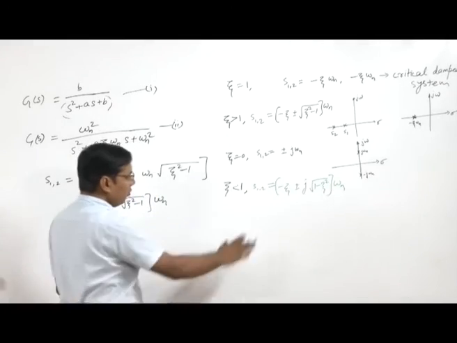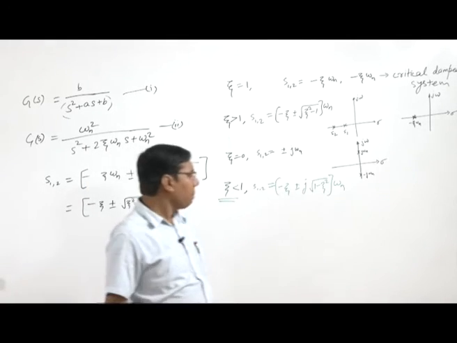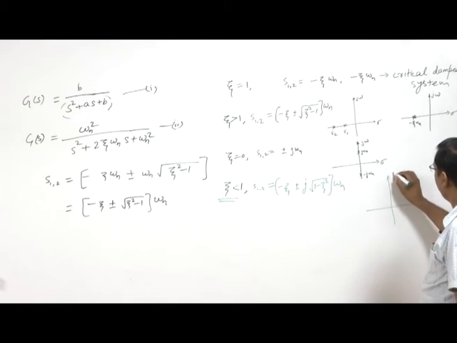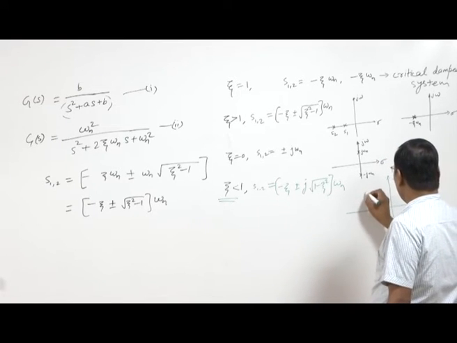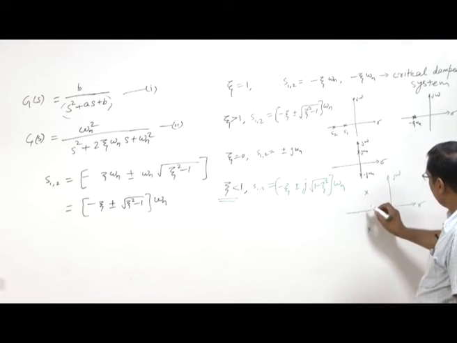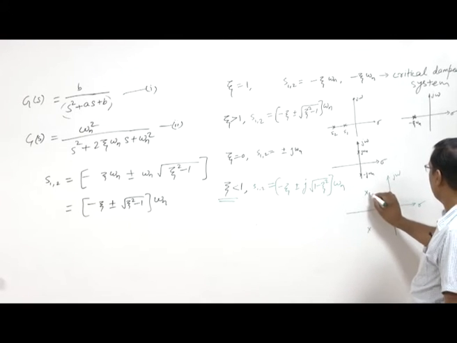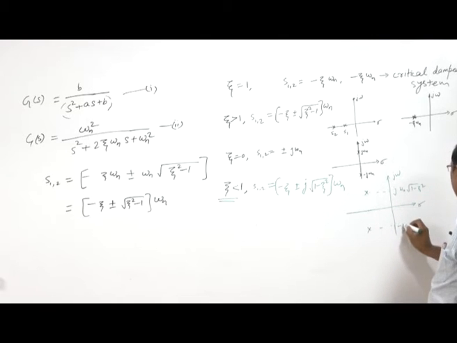So we see that when zeta is less than 1, these roots are a complex pair, and we can represent these roots here, sigma and j omega, and the constant term is minus zeta omega n, and we represent this on the s plane. So this is minus zeta omega n, and this is plus j omega n root 1 minus zeta square, and this is minus j omega n root 1 minus zeta square.